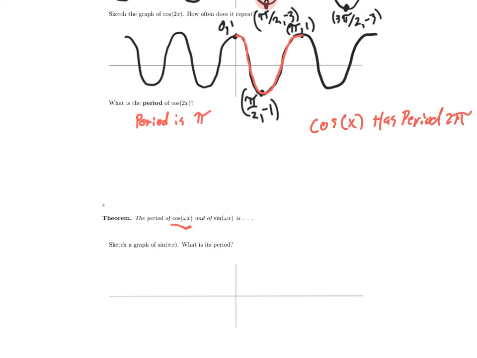When you multiply the argument by a constant, omega, what does that do? That will compress the graph horizontally by a factor of omega, whatever that number omega is.